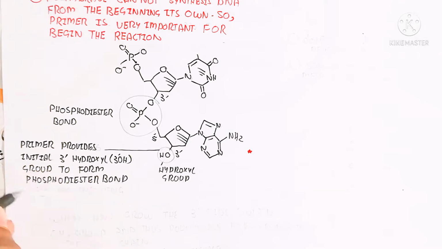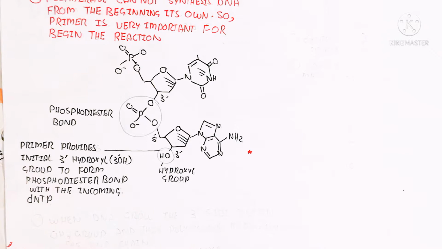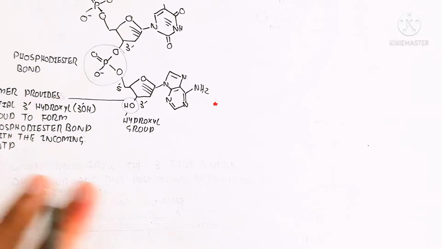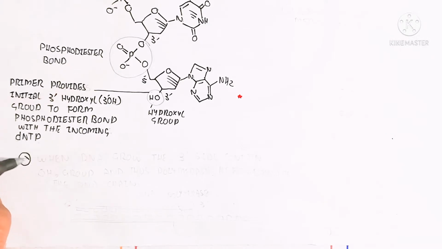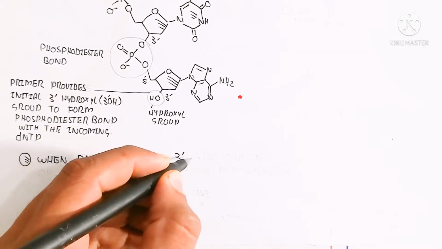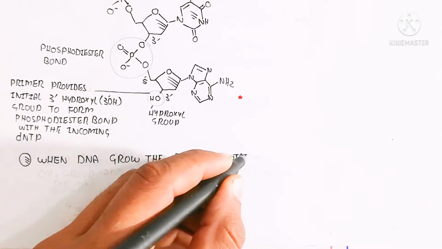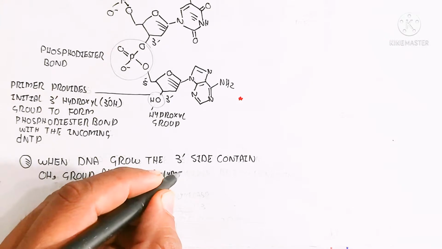That is very important because the primer contains a hydroxyl group, so it can bind. When DNA grows, the 3 prime side contains a hydroxyl group, and thus the polymerase keeps elongating the DNA chain. That is very important.